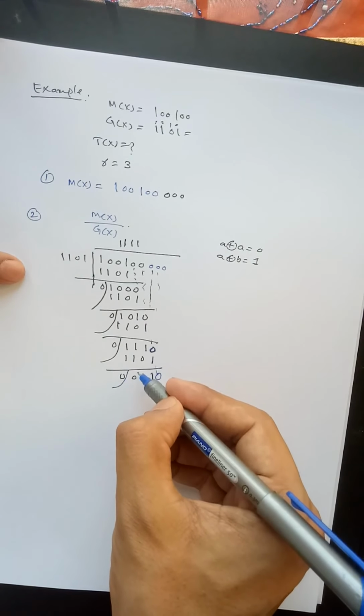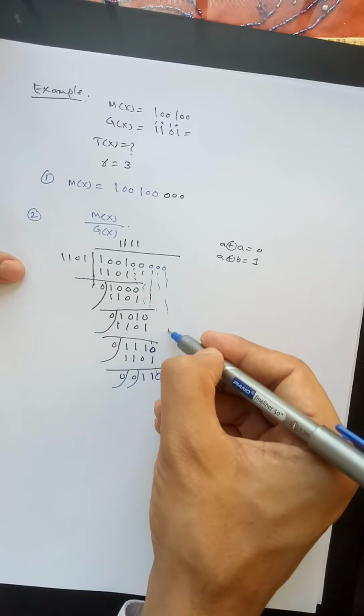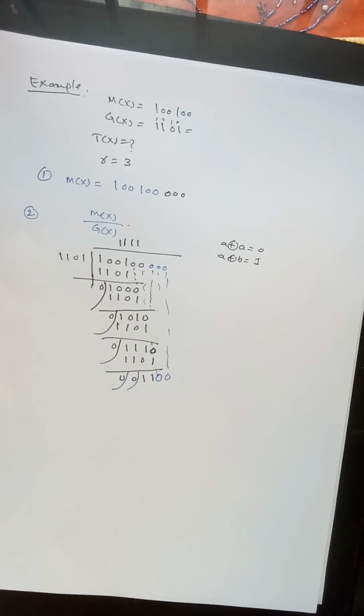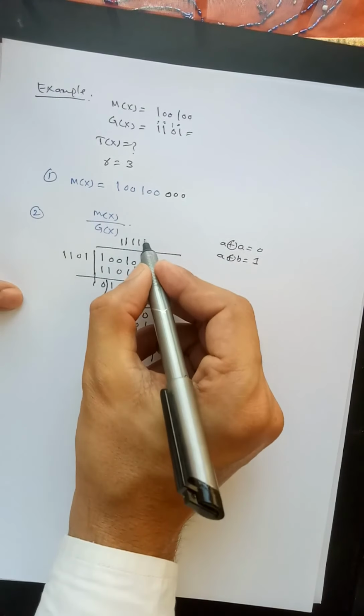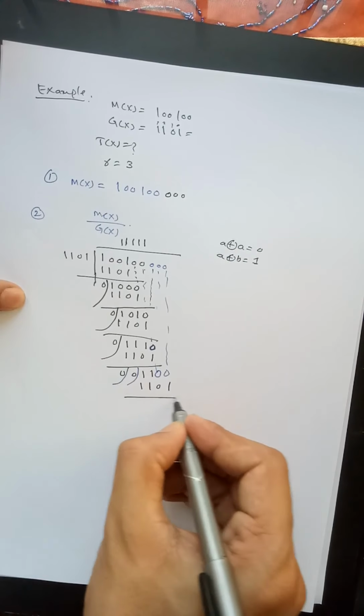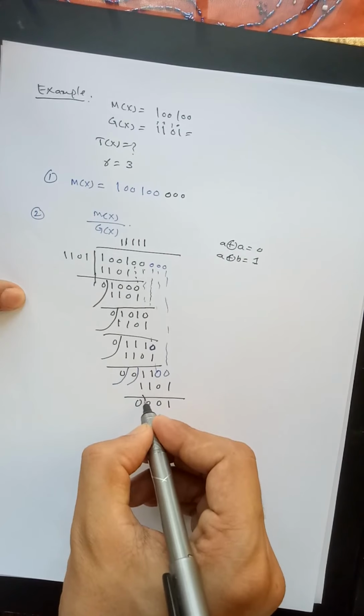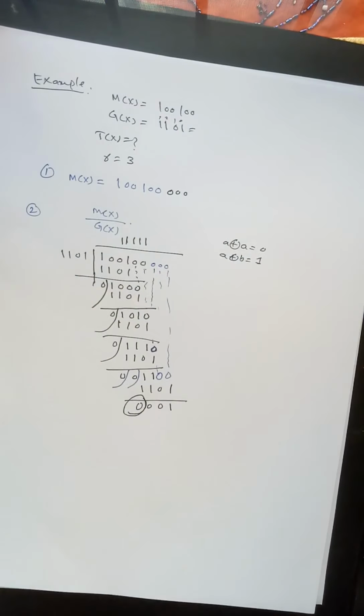So we have 2 0s, so again discard the other 0 and bring this 0 here, and again 1, so 1 1 0 1, so 1 0 0 0. So you need to discard this 0, and the remainder is 0 0 1.